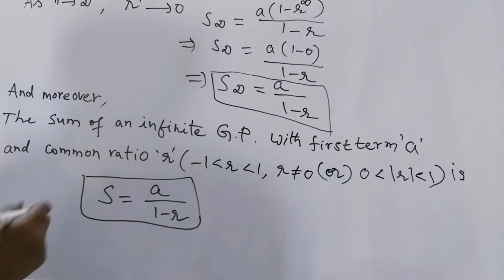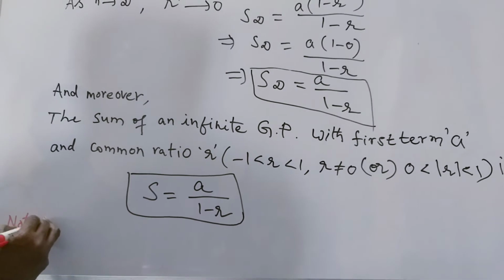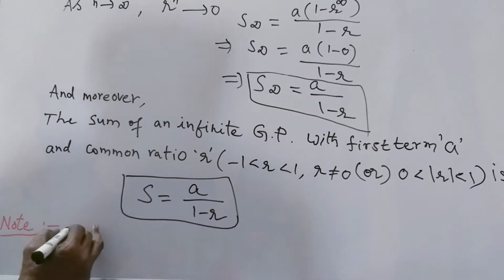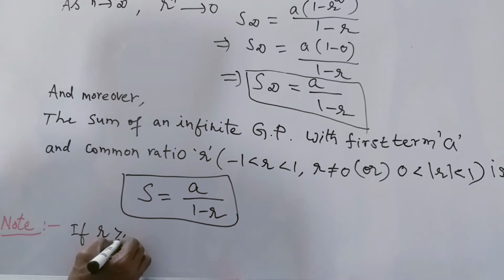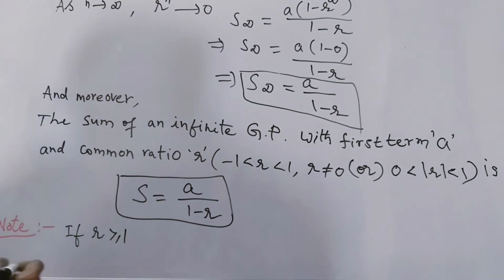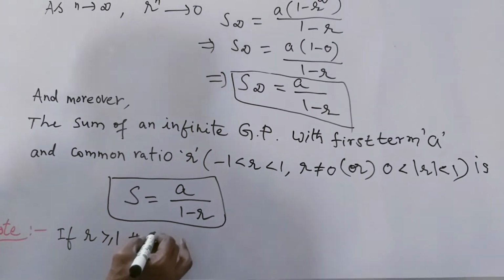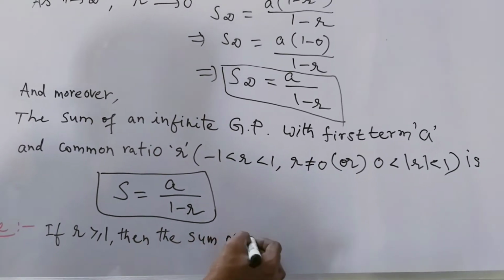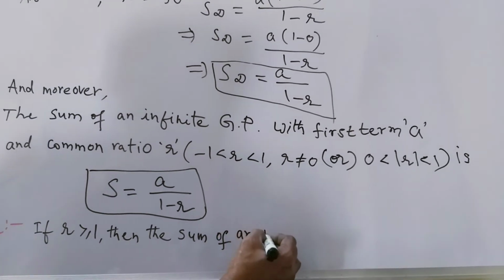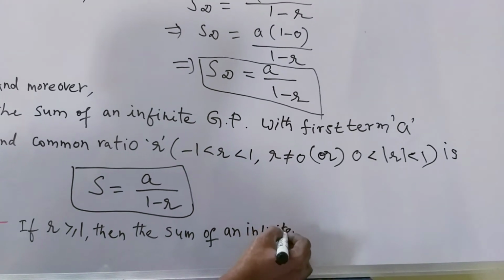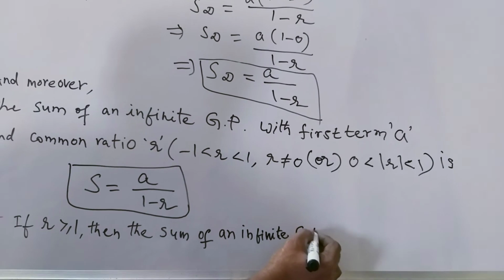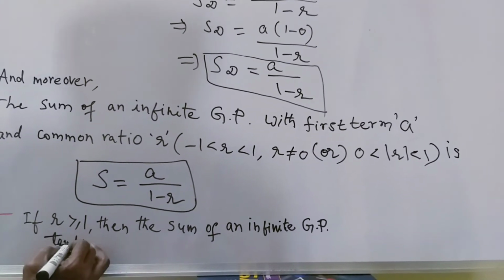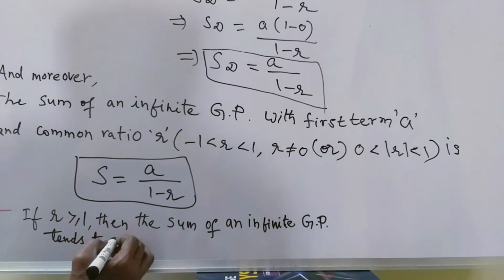Now note point of this one is, note, if common ratio is greater than or equal to 1, then the sum of an infinite geometric progression tends to infinity.